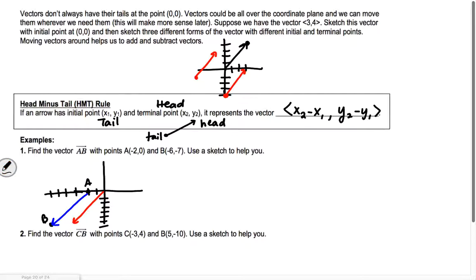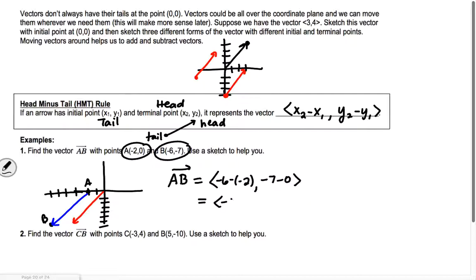Well, let's try this trick, this head minus tail thing. So if I have the point -2, 0 and -6, -7, I'm going to take the second one and subtract out the first one. So I'm going to have negative 6 minus a negative 2, comma, and then I'm going to have negative 7 minus 0.